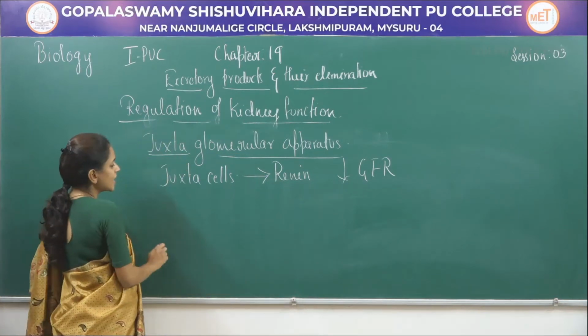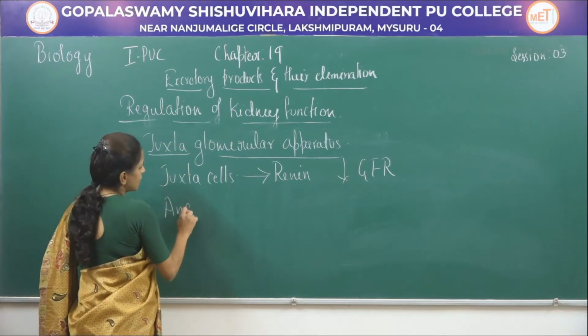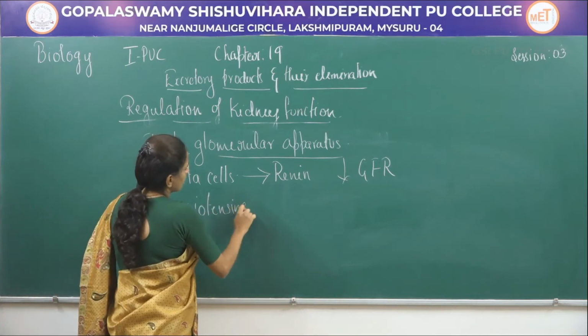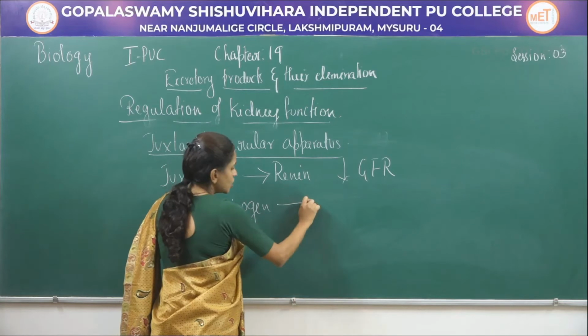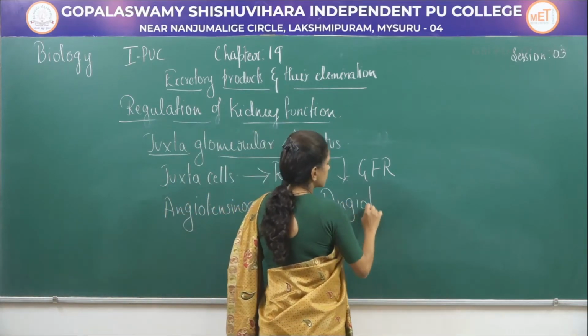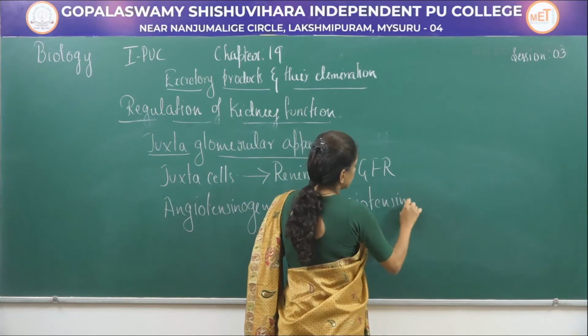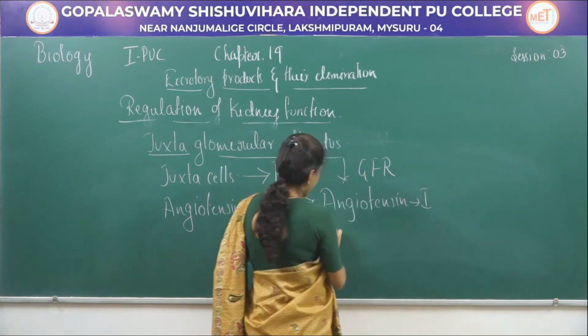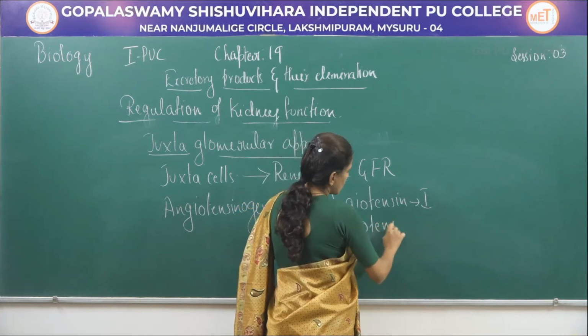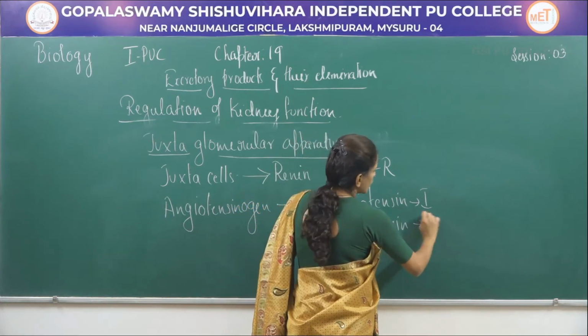This renin converts angiotensinogen into angiotensin 1 and angiotensin 2.